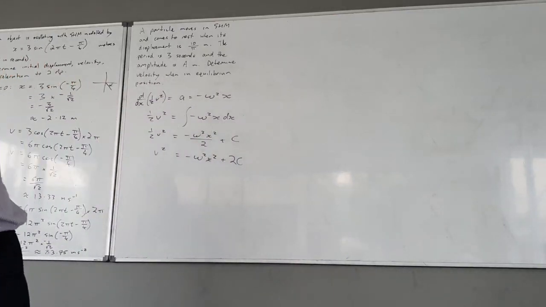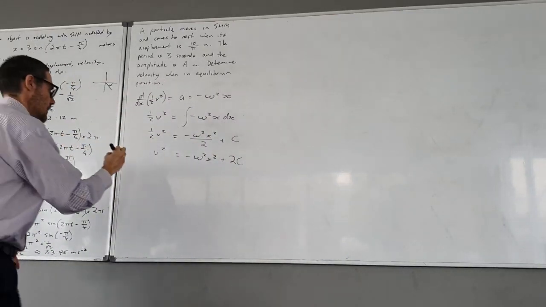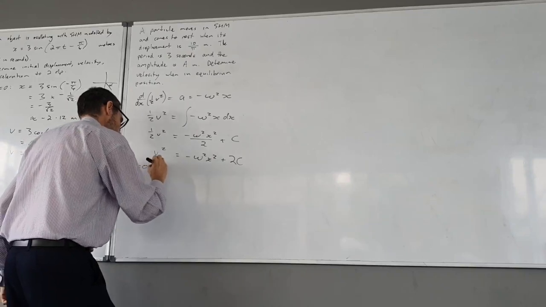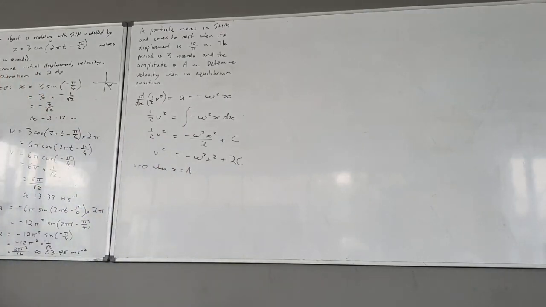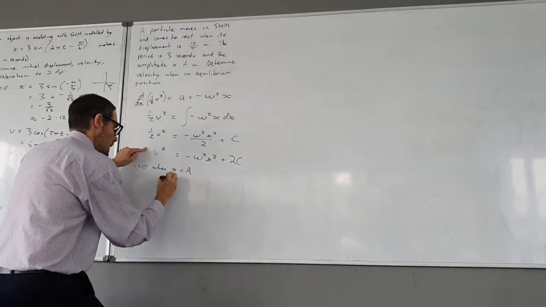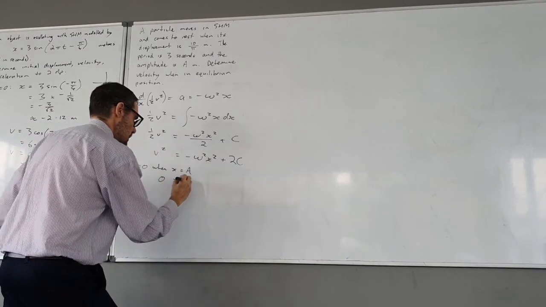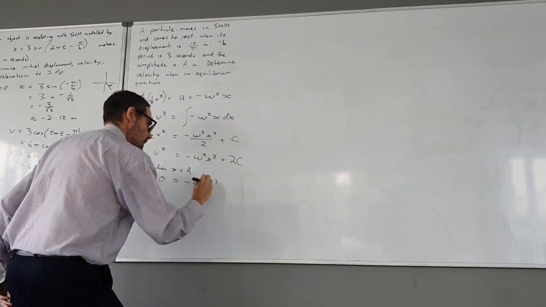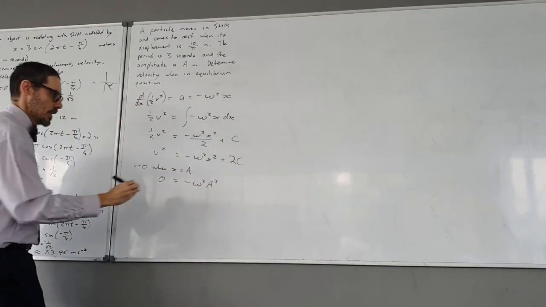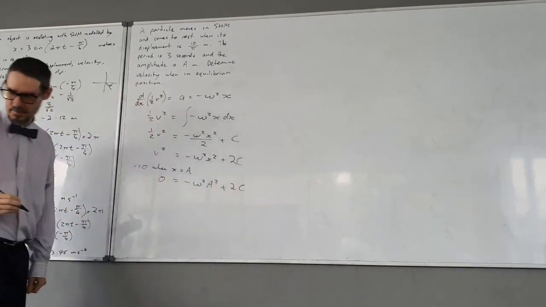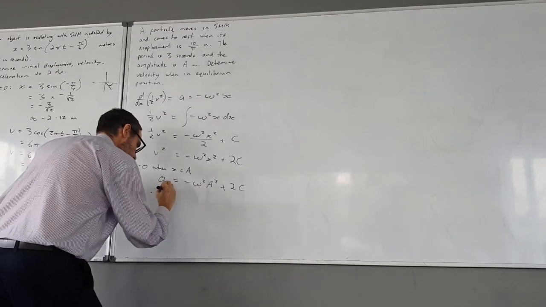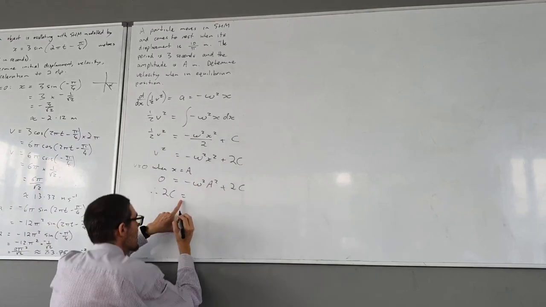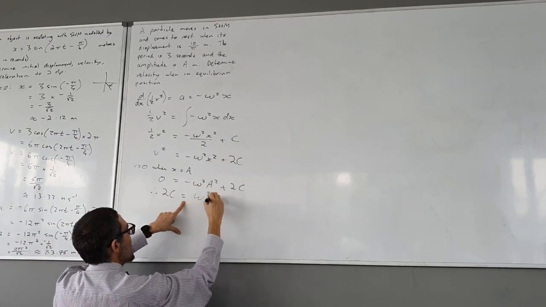In this case, v is 0 when x is amplitude. So 0 equals minus omega squared a squared plus 2c. So therefore, my double constant is omega squared a squared.